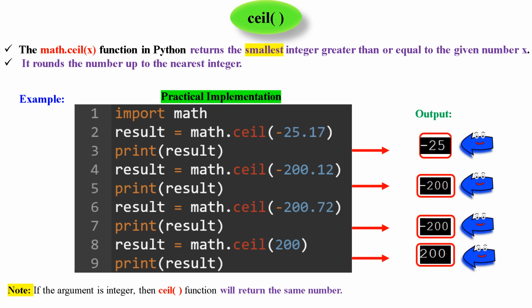The function returns the smallest integer greater than or equal to -200.72, which is -200 and is printed to the console. In line 8 and 9, in this last example, the math.ceil function is called with the argument 200. Since 200 is an integer, the math.ceil function simply returns the same integer value 200 and is printed to the console.